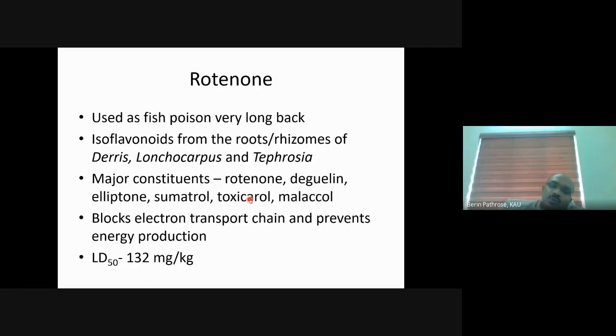Then we will discuss rotenone. Rotenone is widely used as a fish poison. I don't know whether it's a practice in other areas, but in our area locally, we used to use certain plants.